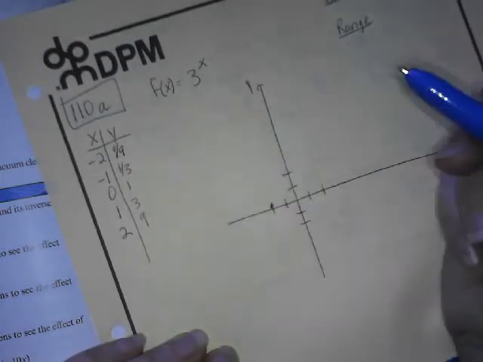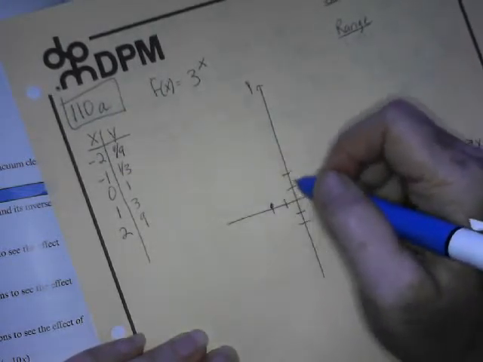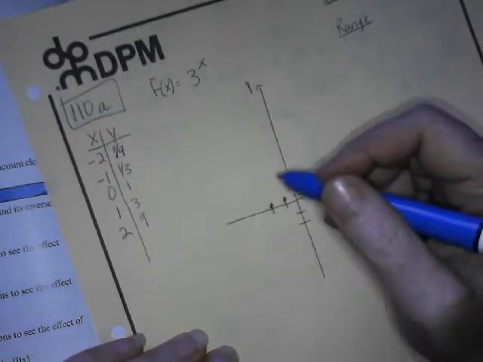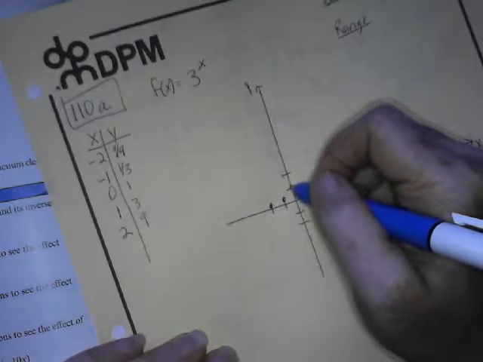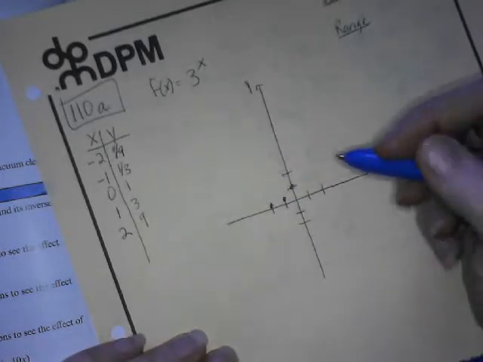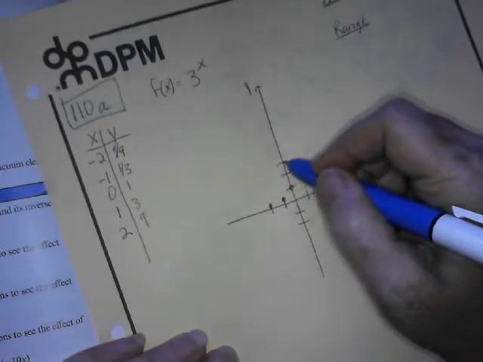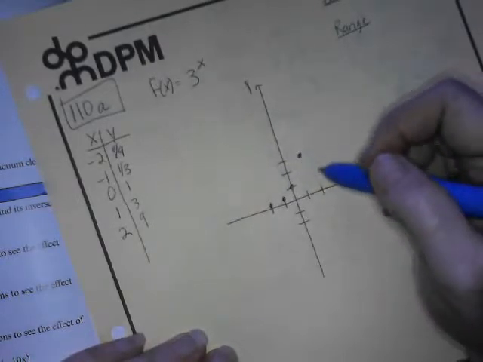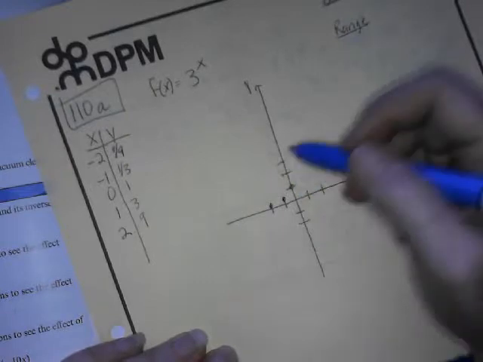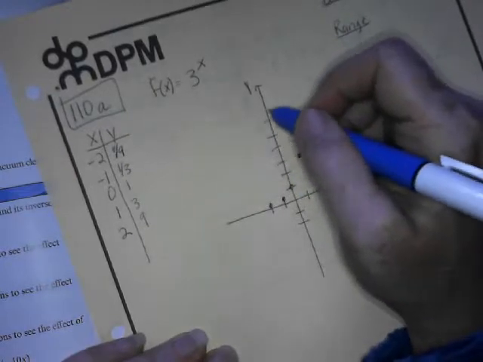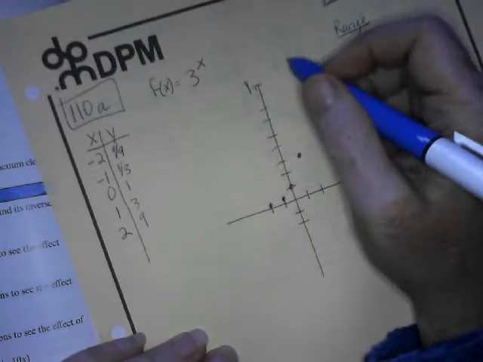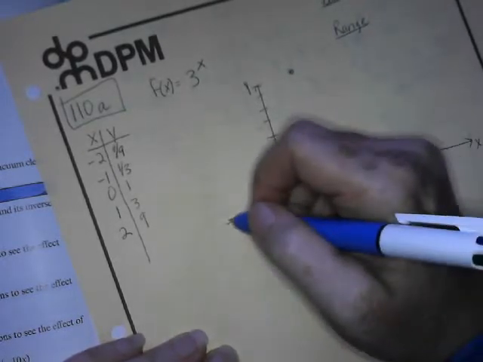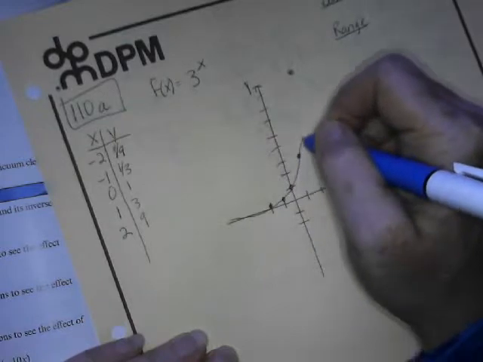And then -1 and 1/3, still way down there. And then 0 and 1. And then 1 and 3. And then 2 and 9. That's at the top of my graph.